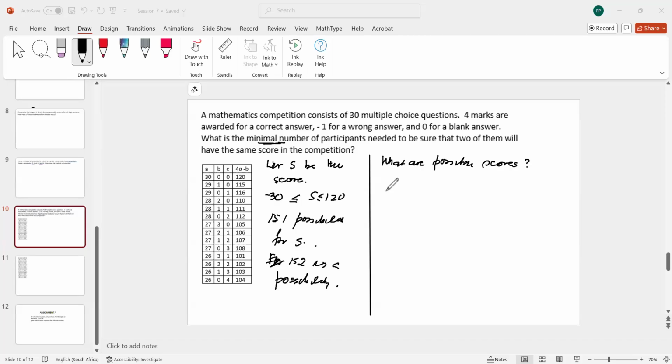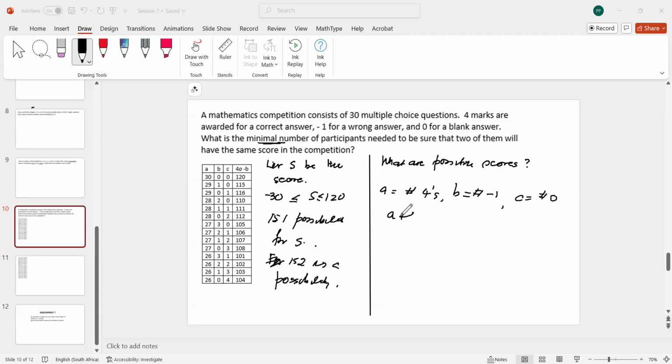A equals the number of 4s. B equals the number of wrong answers, that's minus 1. And C is the number of zeros. So in one particular paper, you've got A fours, B minus ones, and C zeros.